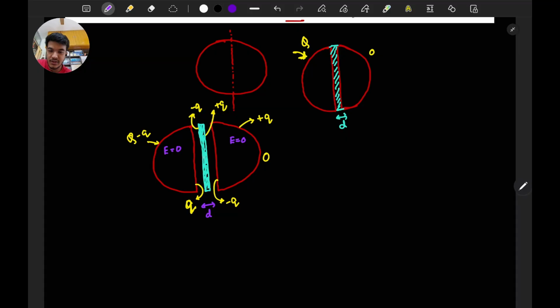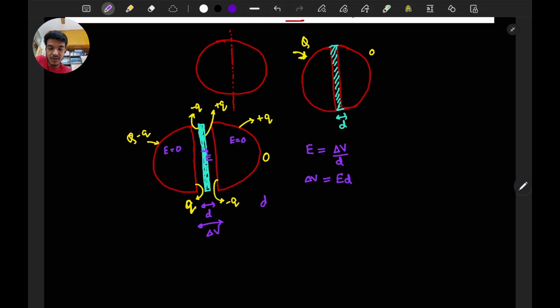So if I say there is an electric field within this dielectric, which is basically responsible for polarization of the dielectric, this E would basically be equal to delta V by d. Am I right? And delta V, that potential difference between these two hemispherical parts, will be basically equal to E into d.